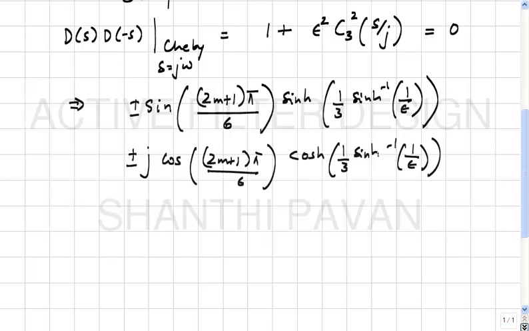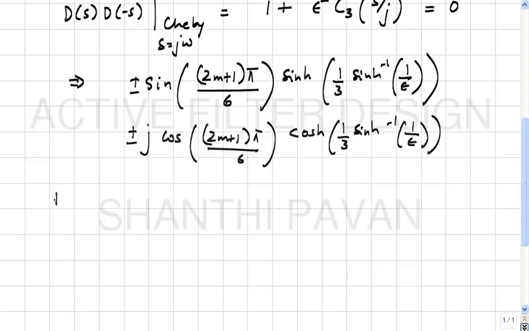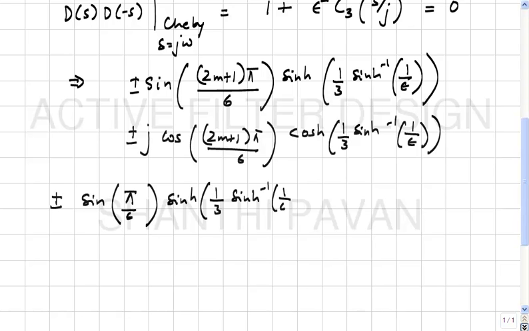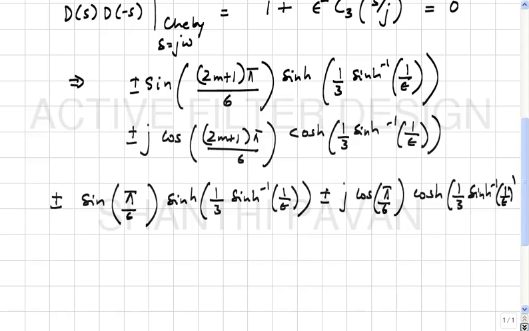Now we have to run this through various values of m. So the values will be plus minus sine, for m is 0, plus minus sine pi by 6 sinh of 1/3 sinh inverse of 1 by epsilon, plus minus j cos pi by 6 cosh of 1/3 sinh inverse of 1 by epsilon.